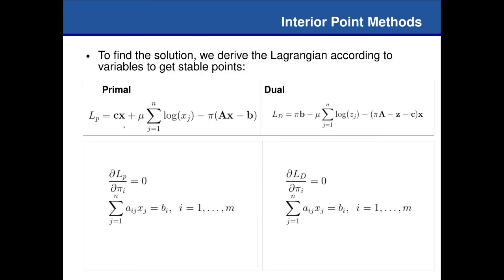Differentiate in terms of pi, this guy in terms of pi, take a look. In terms of pi, 0, 0. And here, of course, I will have Ax minus b. And of course, when I differentiate in terms of pi here, this is negative. I will end up with, I just opened it up here, because I'm differentiating in terms of a pi_i, a given scalar inside this vector pi.